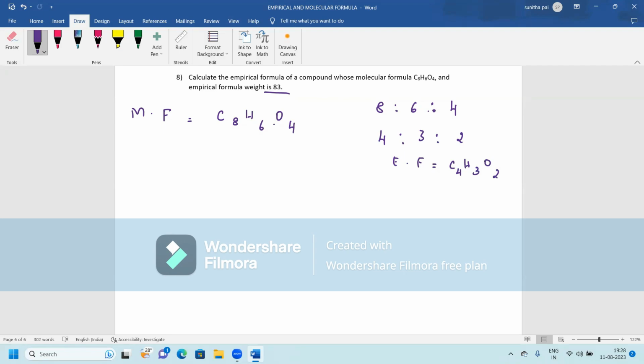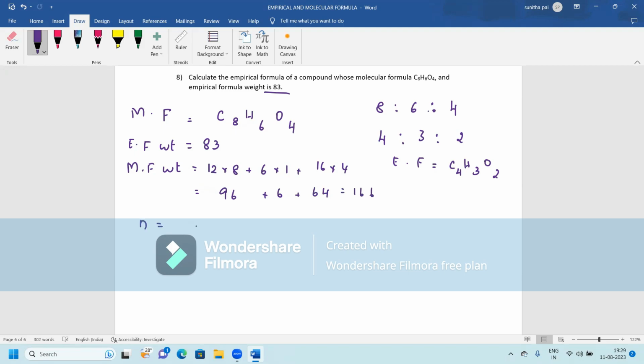Now, since they have given empirical formula weight, how do we include that? Another solution, including the empirical formula weight. Now, empirical formula weight is 83. Calculate molecular formula weight: C8, that is 12 into 8, 6 into 1, and 16 into 4. On solving this, you get 96 plus 6 plus 64, which is 166.